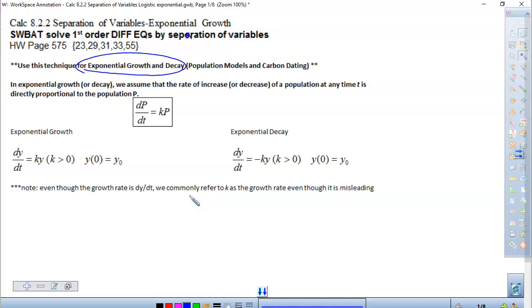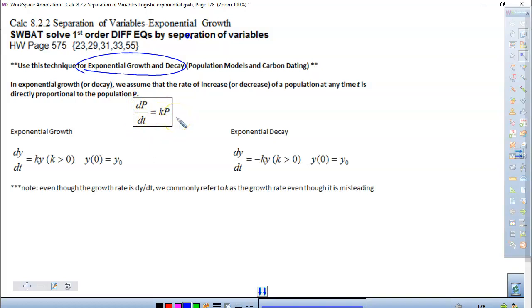Okay. So, in exponential growth or exponential decay, we assume the rate of increase or the rate of decrease, if it's decay or growth, of a population at any time is directly proportional to the population. And our way of doing that is by writing this differential equation, that the derivative is some factor times the population.